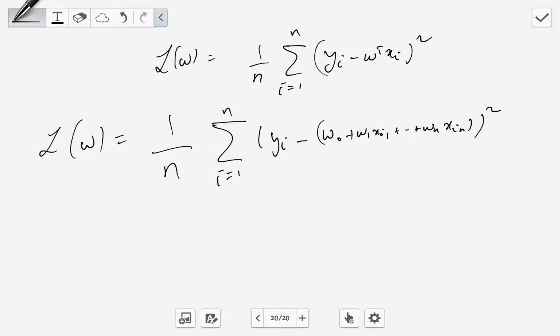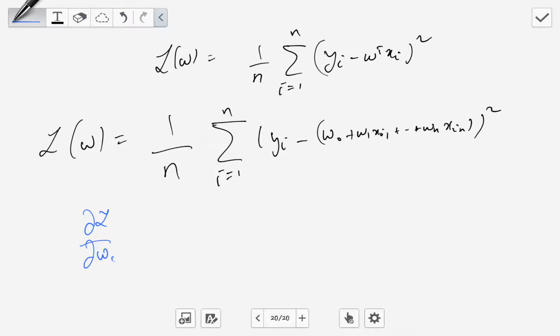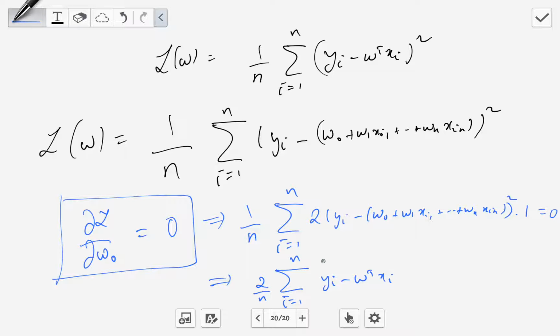And then we said let us try to only observe just this. Fine. So this was 1 by n sigma i from 1 to n, 2 (yi minus (w0 plus w1 xi1 so on up to wn xin)) into 1, times 0 is equal to 0. Fine. This reduced to 2 by n outside, sum over i from 1 to n of (yi minus w transpose xi) is equal to 0.